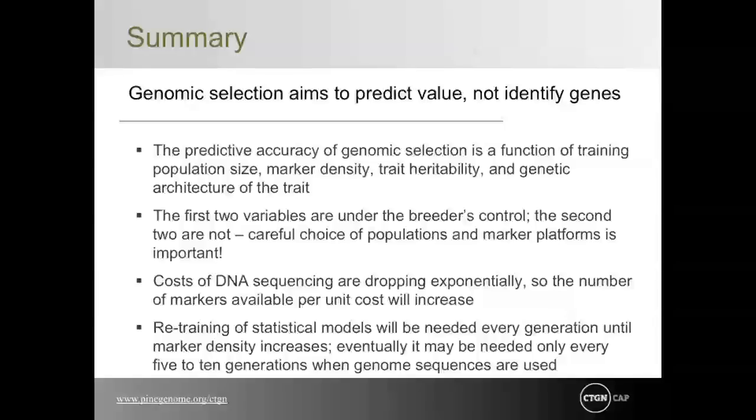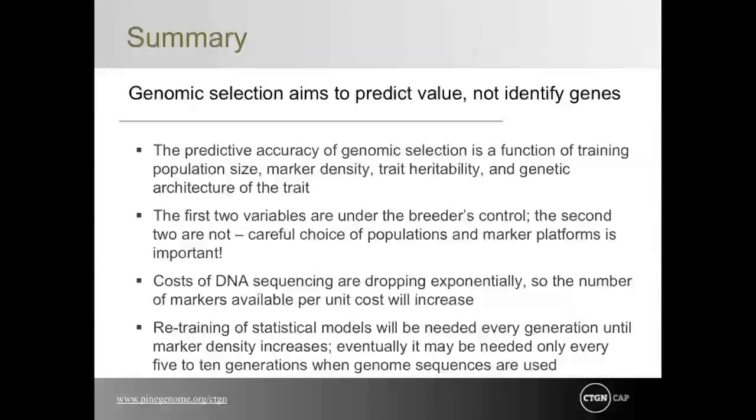To summarize, the central objective of genomic selection is to predict breeding value rather than to identify specific genes. The accuracy of prediction is a function of 4 characteristics, 2 of which are under the breeder's control, and the other 2 of which are not.